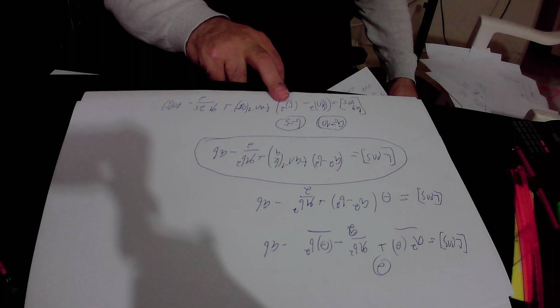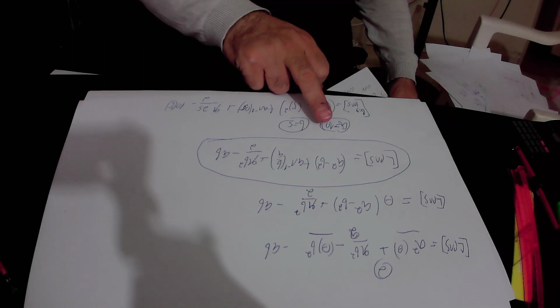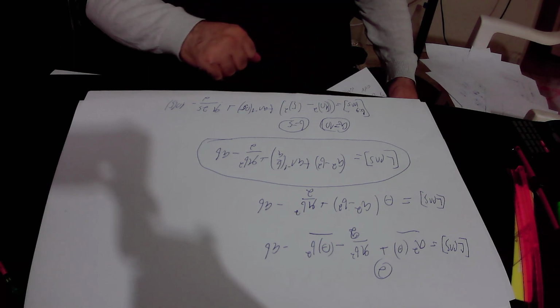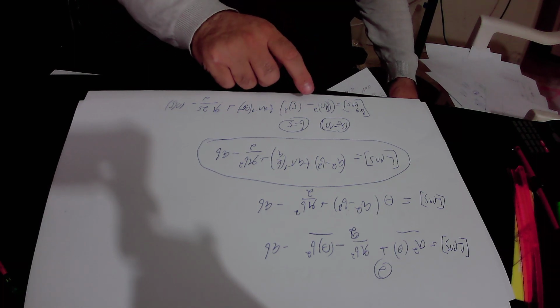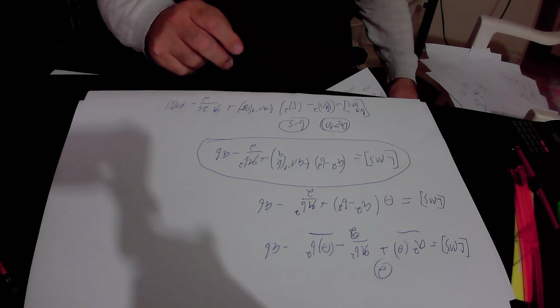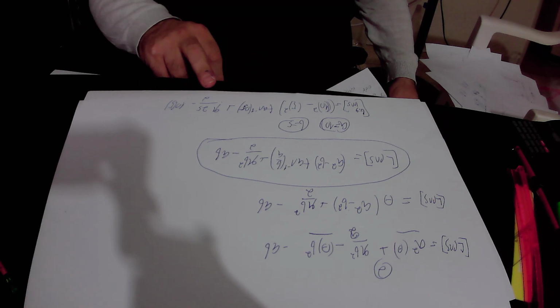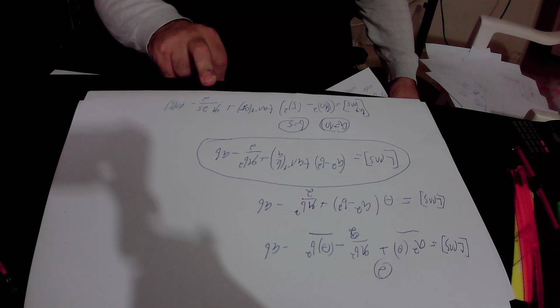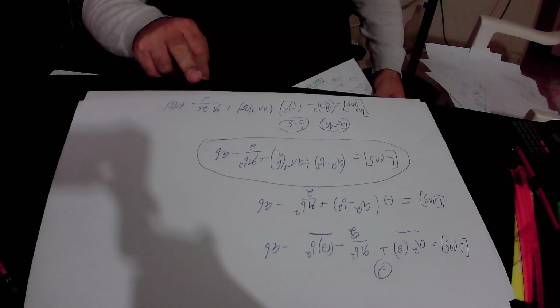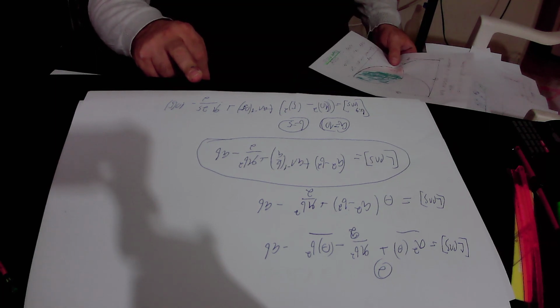So we put here the data, a equals 10 and b equals 5. We get 10 squared minus 5 squared times tangent inverse of 5 over 10, that is 0.5, plus pi times 5 squared over 2, that is 25 over 2, minus ab, that is 10 times 5.